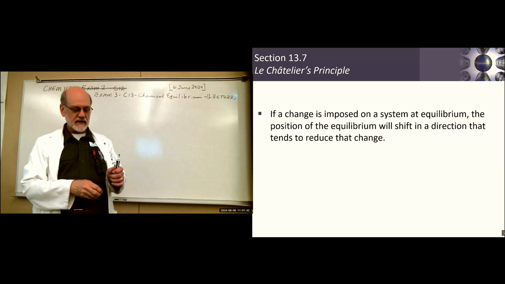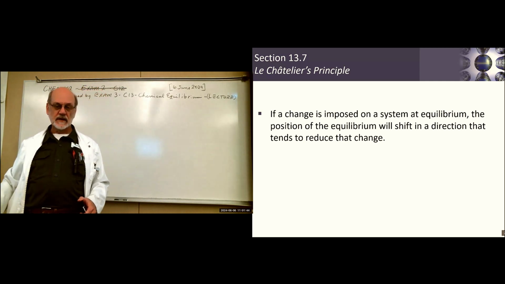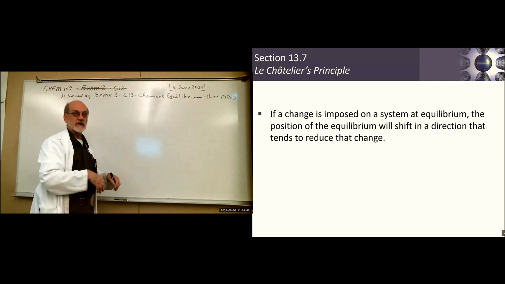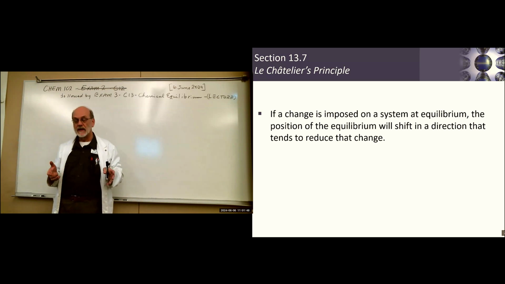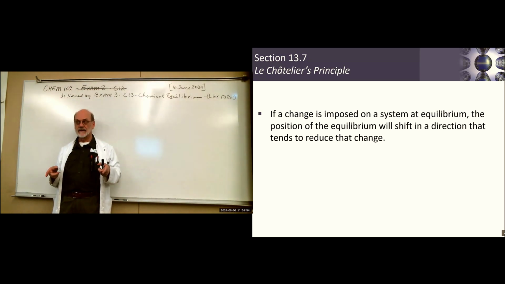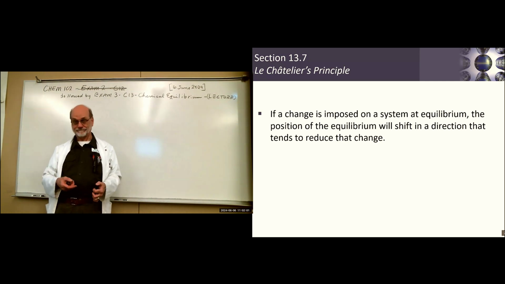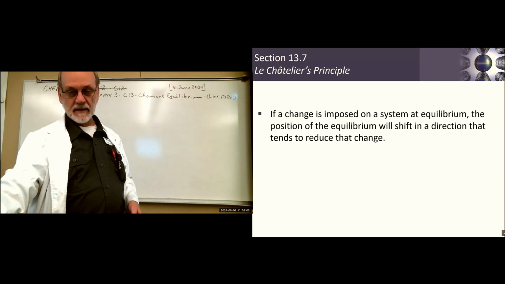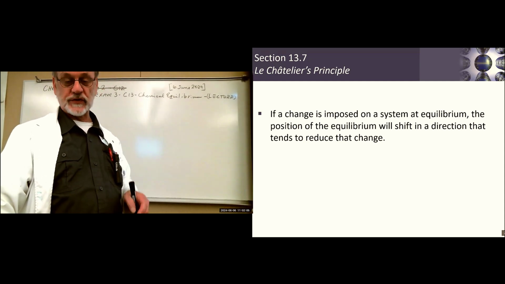Le Chatelier says that if a system, in our case a chemical reaction, is in equilibrium and you do anything to disturb that equilibrium, the system will react in such a way as to minimize that disturbance. It will try to reduce the change.